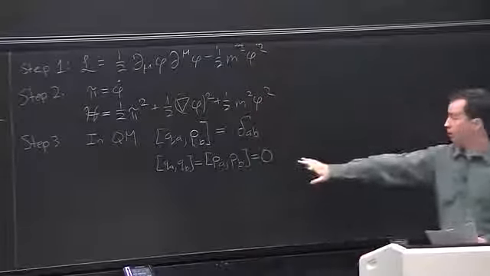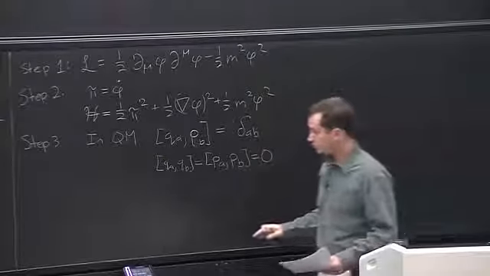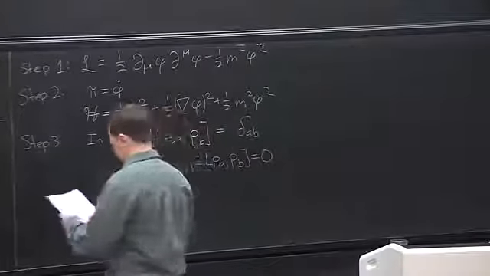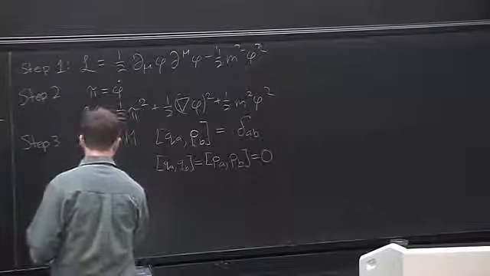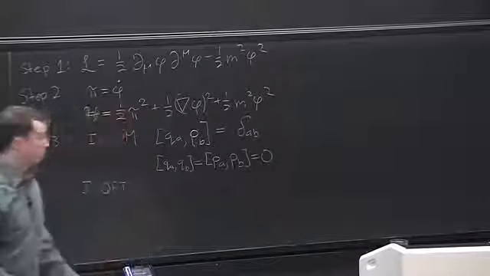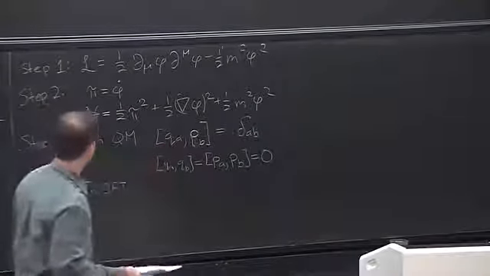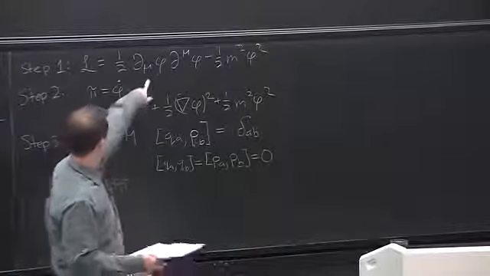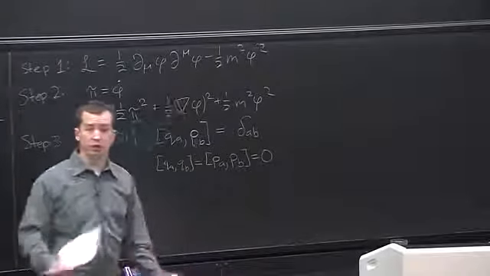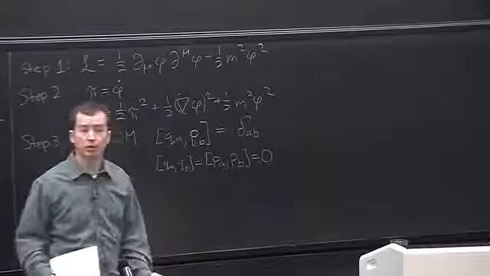And what we're going to do now is just the generalization of this. The only real difference now is that instead of a finite set of generalized coordinates, we can think about the field as being an infinite, continuous set of generalized coordinates, one for each point in space.